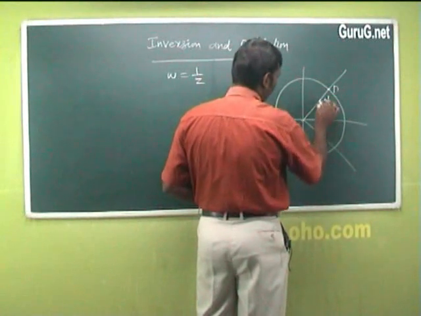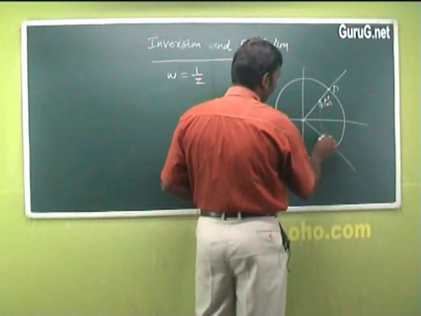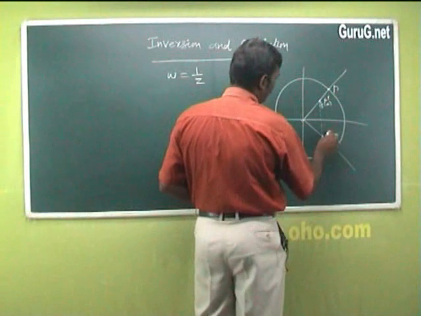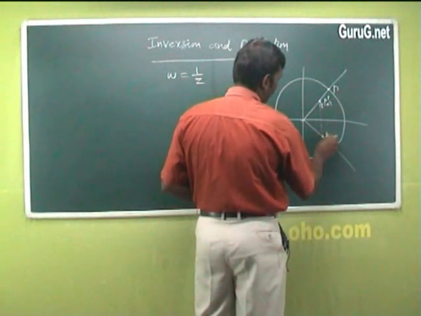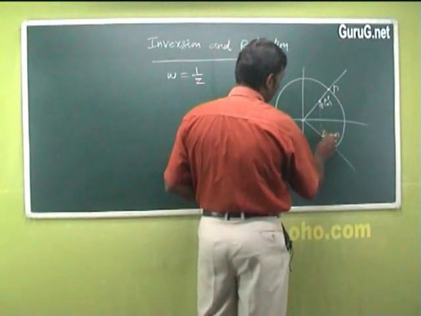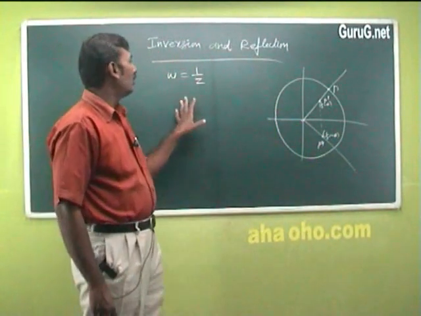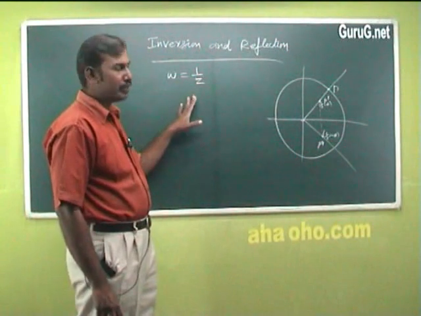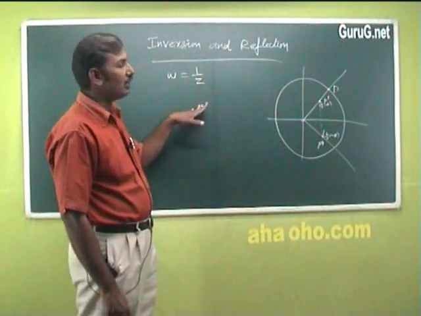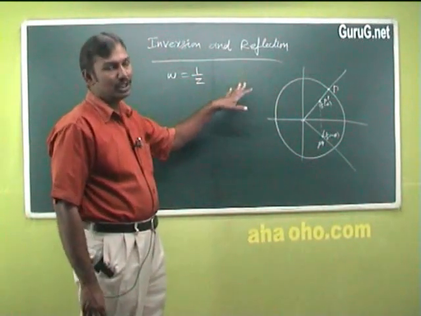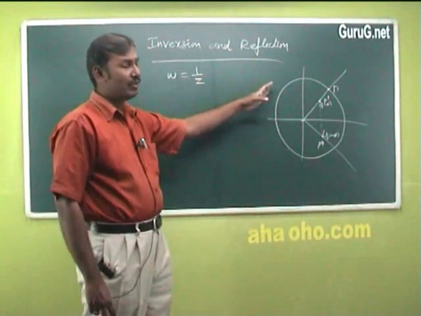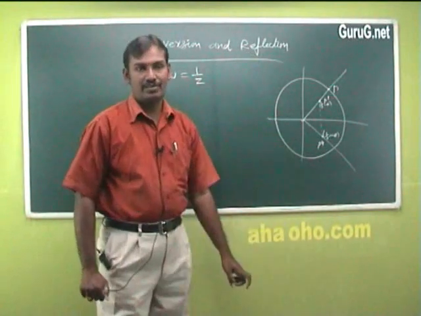Then this one is the inversion and the reflection, so 1 by R comma minus theta. So this is P double dash. So under the transformation W equal to 1 by Z, which represents the inversion with respect to the unit circle followed by the reflection on the real axis.